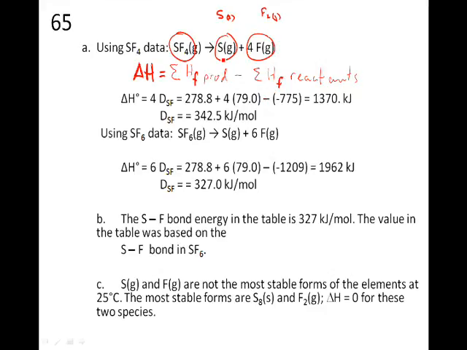And so here we see that we have added the enthalpy of formation that was given to us for sulfur and 4 of the fluorines. And now we're going to subtract the enthalpy of formation of SF4. And so what that's going to do is give us the enthalpy of this reaction right here.